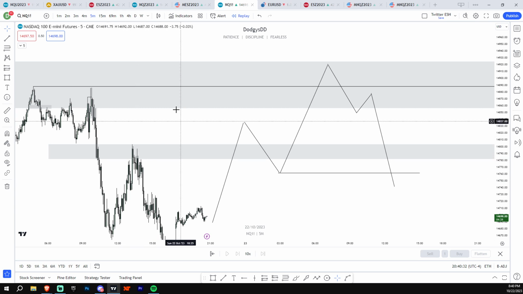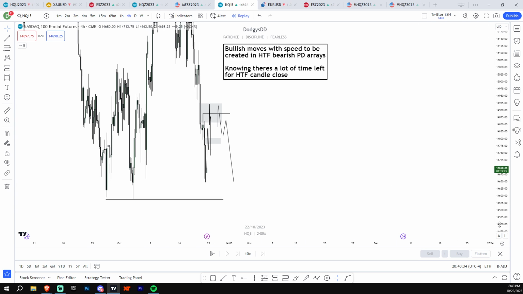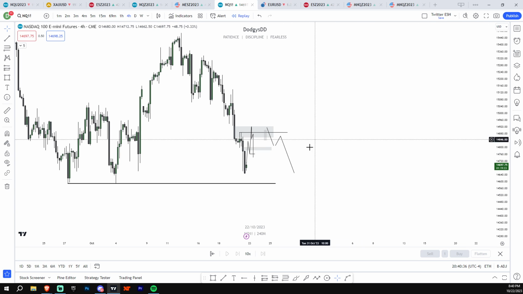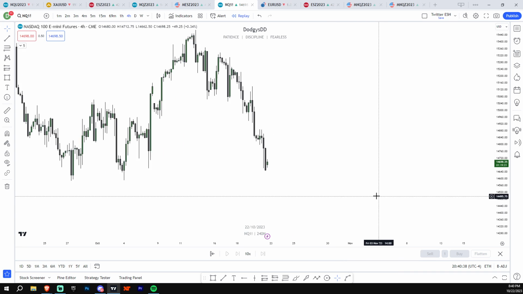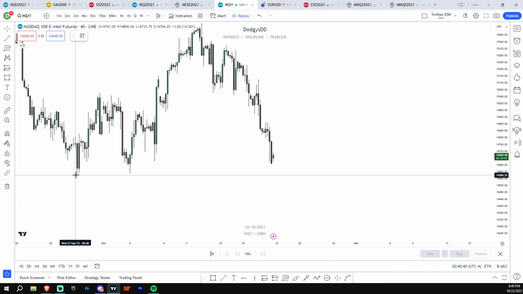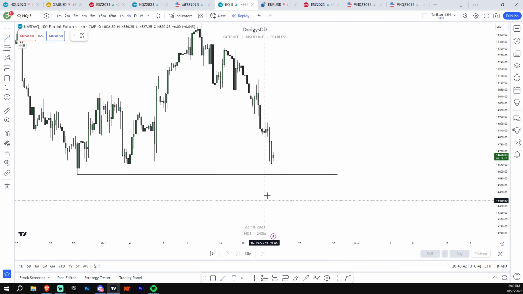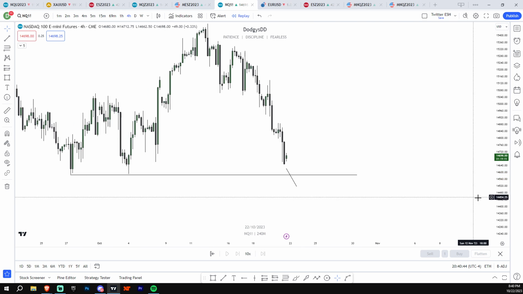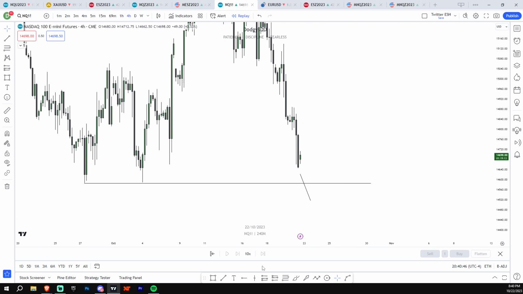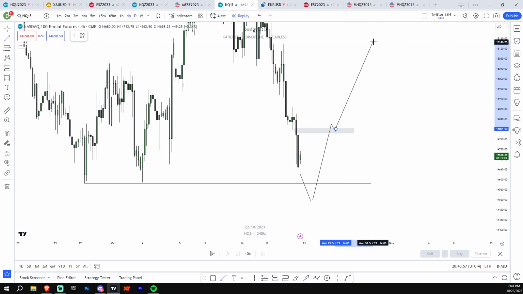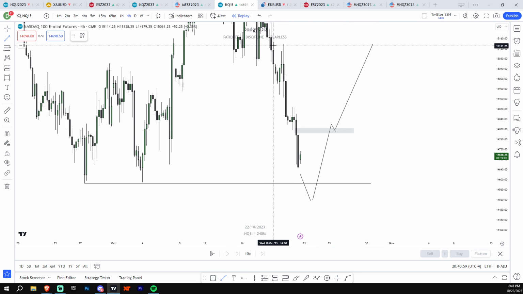Yes, you can use an inverse fair value gap for a swing. Like in the future, if we do hit these equal lows and come back up, I would probably use this as a swing, no matter how long it took to play back up to these equal highs up here that we left.